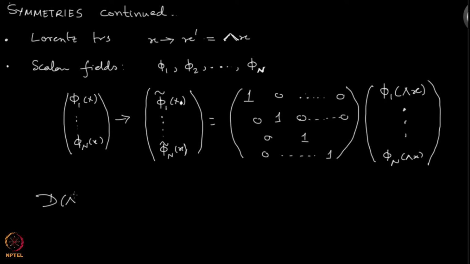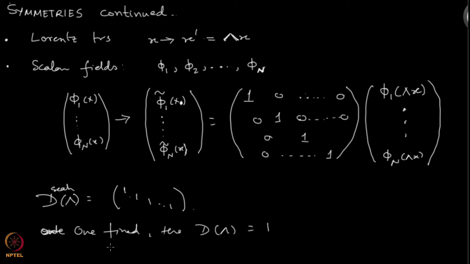So our representation matrices for lambdas, if I am looking at scalars, are just the identity. And if you have only one field, like in real Klein-Gordon theory, then your D of lambda is just the number 1.